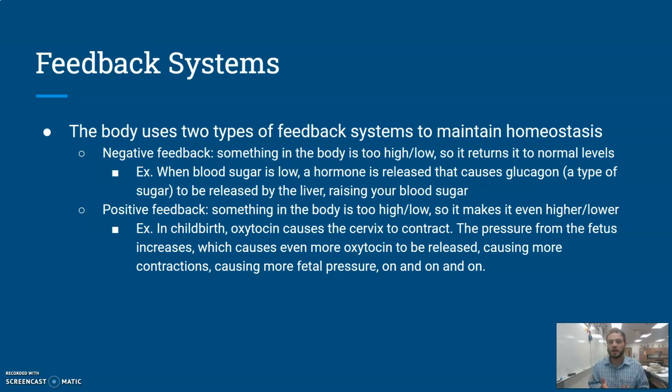And as we just saw, oxytocin causes the cervix to contract. More contractions mean more pressure, mean more oxytocin. So it's increasing the pressure, increasing contractions, pushing you further and further outside of homeostasis. So that is why it's an example of positive feedback.